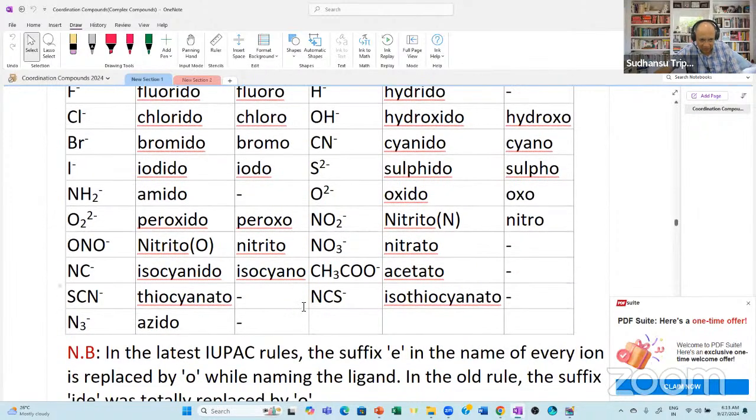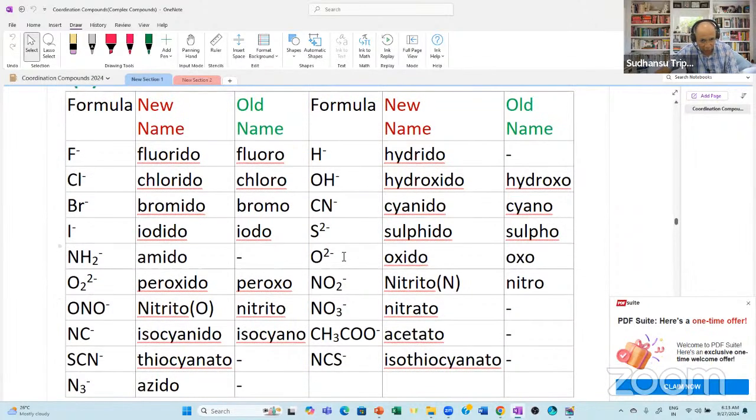You see, I have listed so many, and you also write down those which you have not written, like oxido, O2 minus, monodentate. We have so many things in my table, which I will share with you. Also in the description box in the video, I will be giving you this file to download and use.